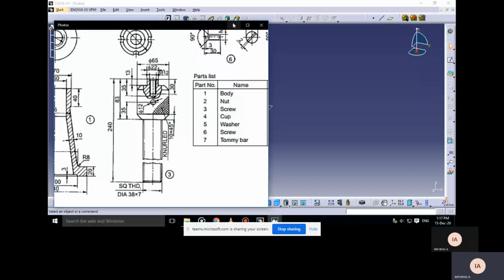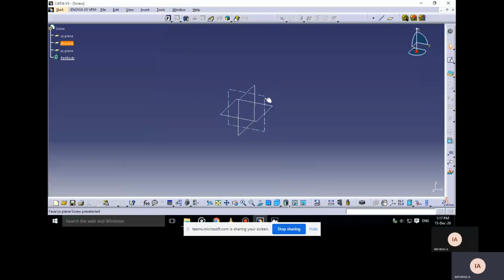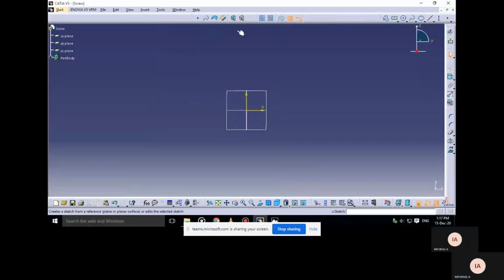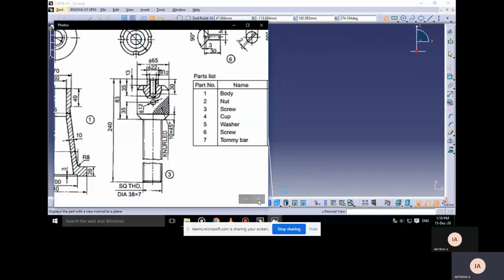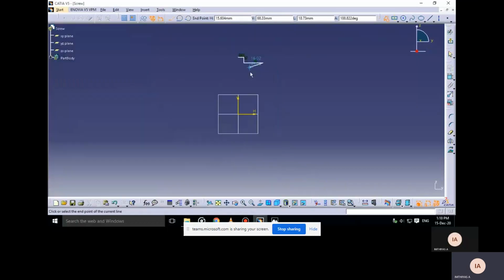The dimension is given. It is made of a square thread of dia 38 into 7. We'll start with the profile.